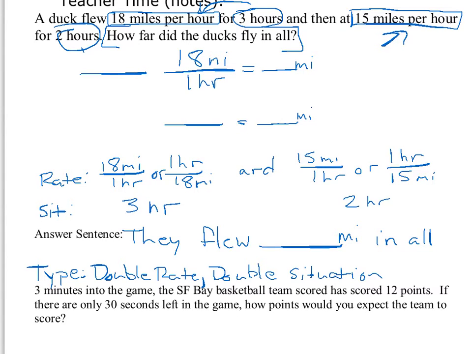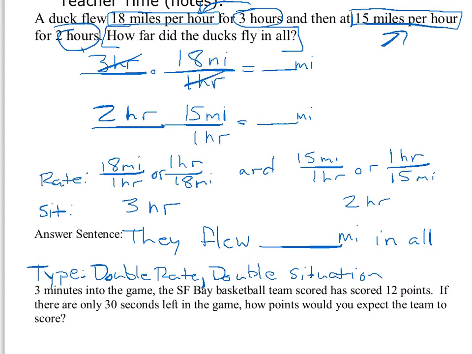And the situation is 3 hours. So if we have two rates in two situations, looks like we're just going to be solving two rates. So in the second 2 hours, they traveled 15 miles per hour. And they did so for 2 hours.